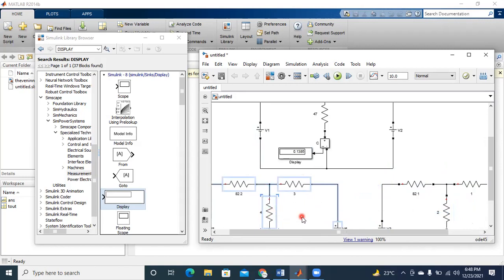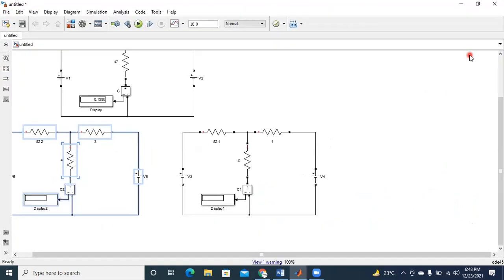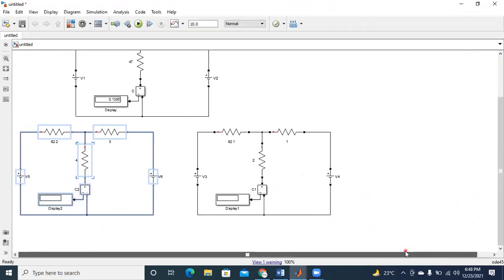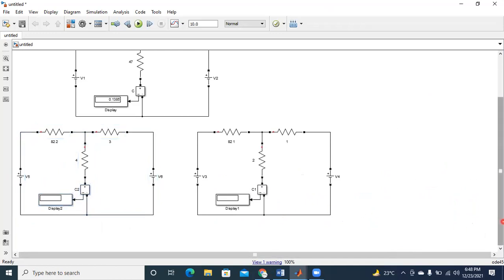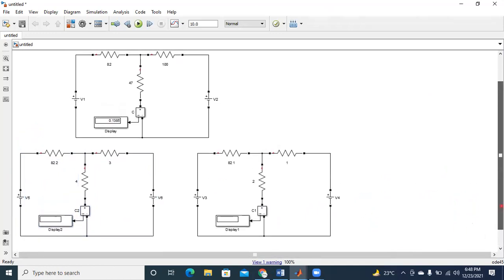Now I don't need this display box. I make my screen larger for better understanding, so I can see all three circuits at a time.